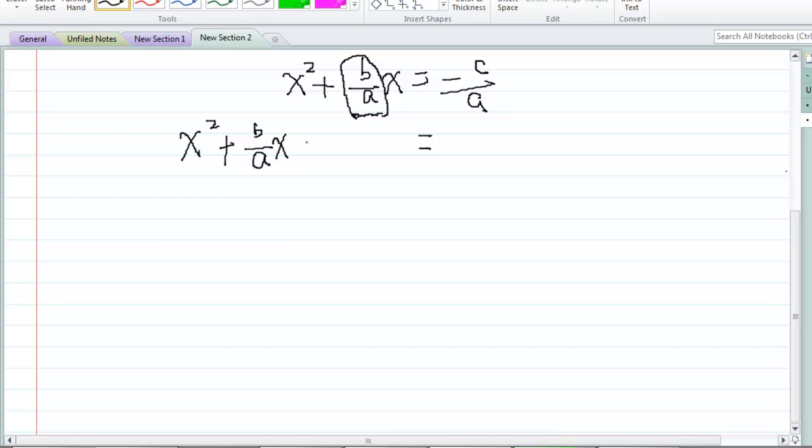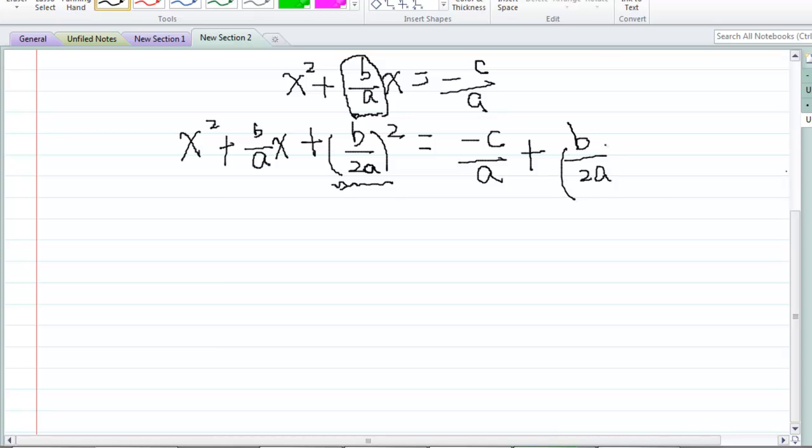It looks more complicated, but it's not that bad. b over 2a, squared, is what we add. Now we do the same thing on the right hand side, because we have to keep the equation balanced, so we add these two terms on both sides of the equation.